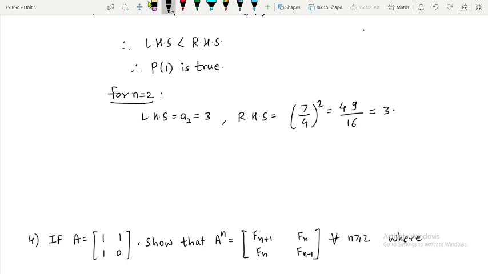Again it is not divisible by 16, so one more 0, so we get 100, and 16 5s are 80, 16 6s are 96, again 4 are left. But this much is sufficient to conclude that LHS is less than RHS, because this is 3 and this is 3.06.